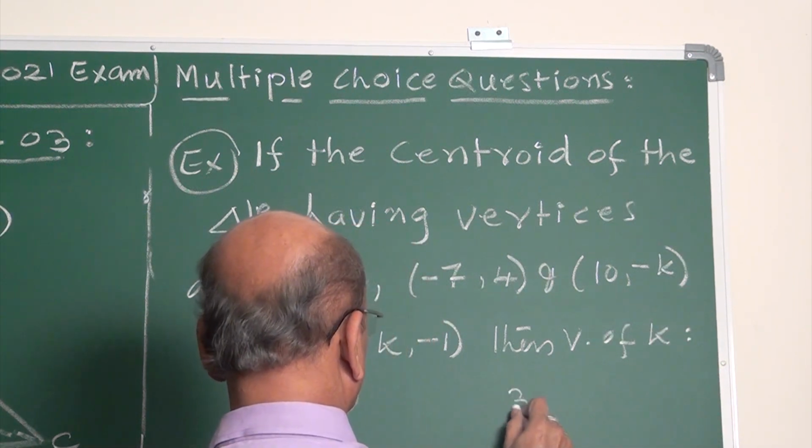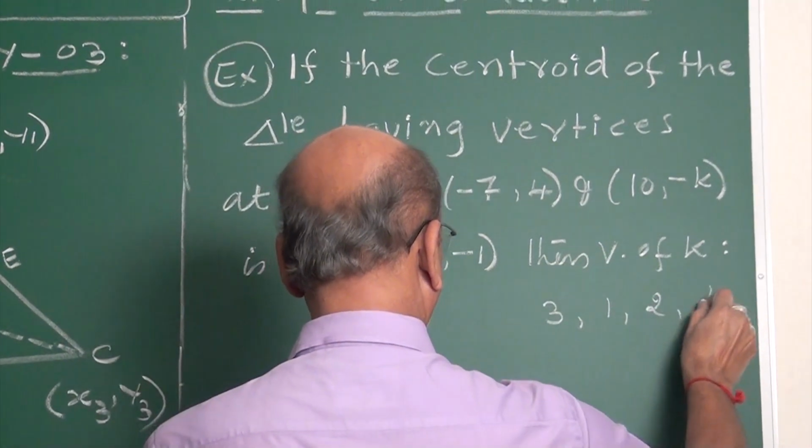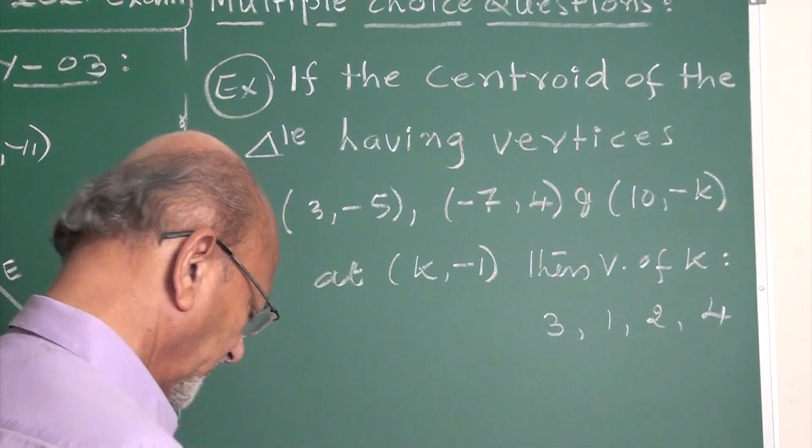So these are the options: 3, 1, 2, 4. These are the options, my friends.